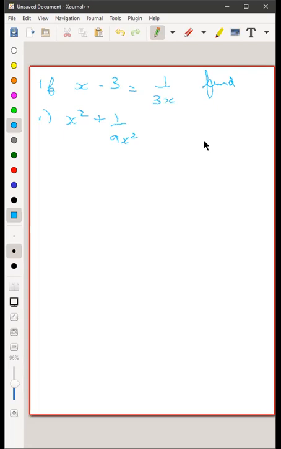Ishan, that's incorrect. x minus 3 is equal to 1 upon 3x. Find out x squared plus 1 upon 9x squared. Two minutes, everyone.